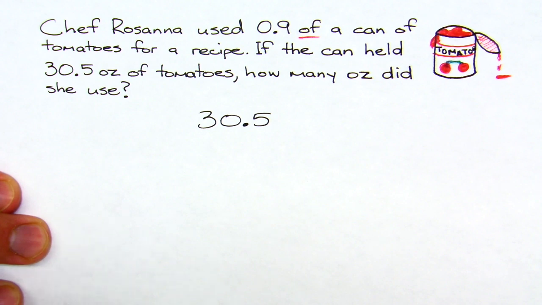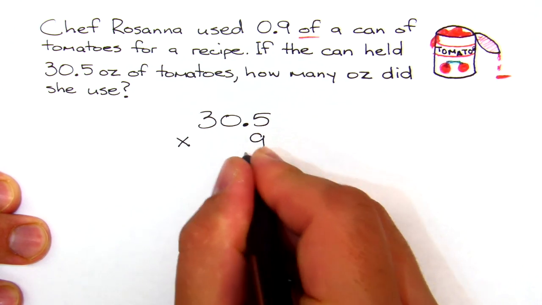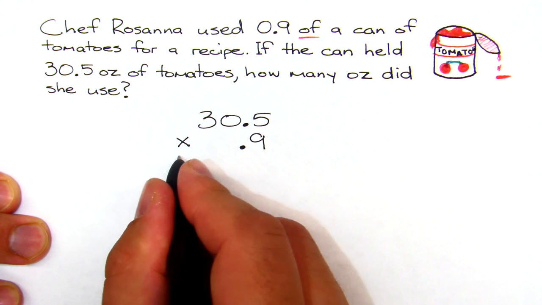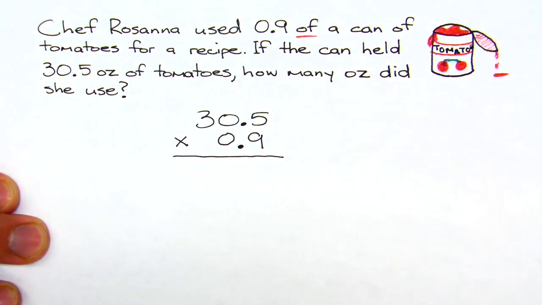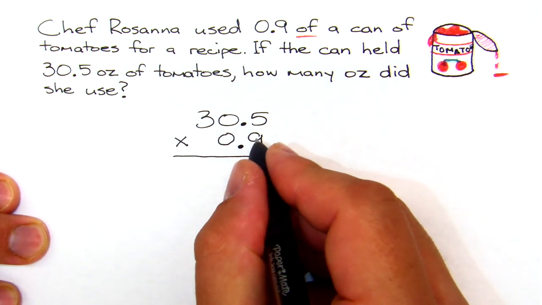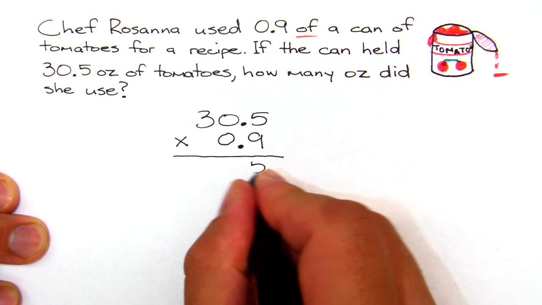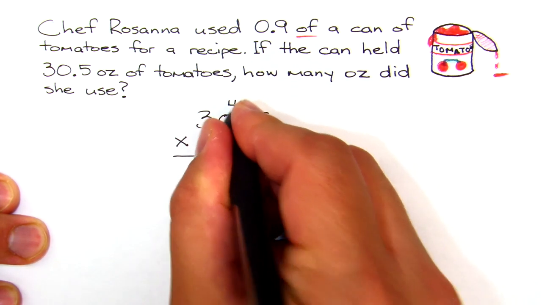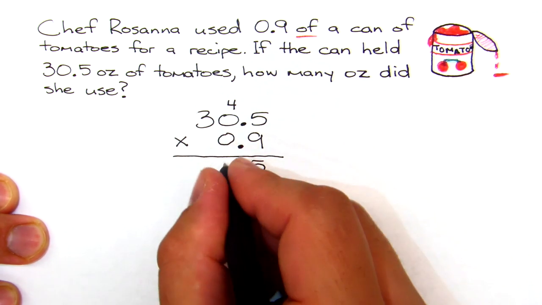30.5 times 1 is 30.5. But she didn't use 1. She used 9/10. So we're going to multiply that by 0 and 9/10, and then make sure we have our decimal in the right spot. So 9 times 5 is 45. 5 goes down, 4 goes up. 9 times 0 is 0, plus 4 is 4.